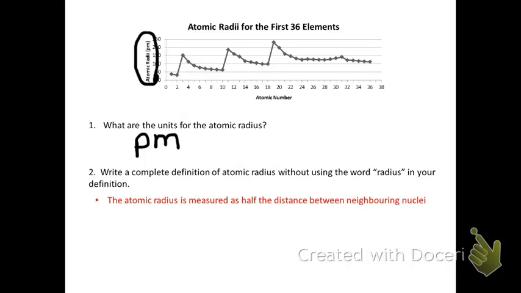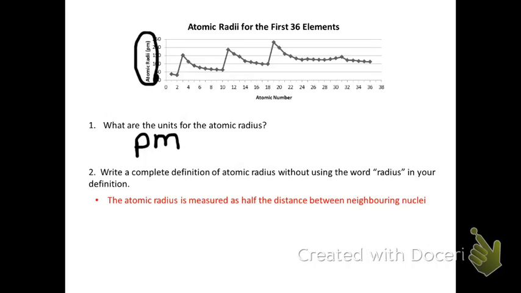A picometer is extremely tiny, much smaller than a nanometer even. It tells us that the radii of atoms are really small, which should be expected because we can't even see atoms with our naked eye, or hardly even with a microscope.